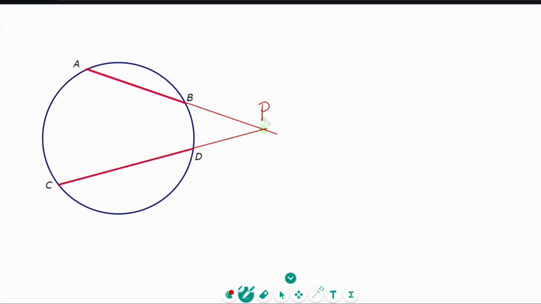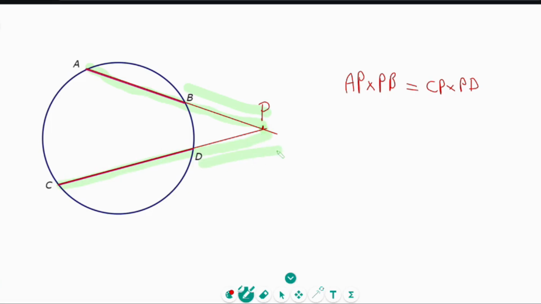Again, if I always label the bit where your chords meet as P, AP times PB is equal to CP times PD. It's a little bit different with this one because it's that whole length there multiplied by that small length is equal to that whole length multiplied by that small length.